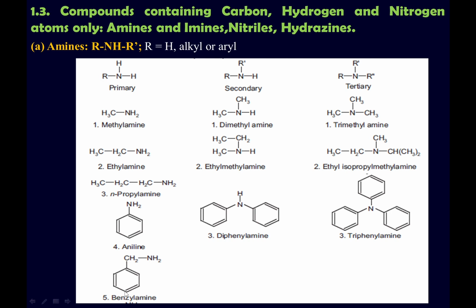If two hydrogens are replaced, they become secondary amines: dimethylamine, diphenylamine, ethylmethylamine. Tertiary means all three hydrogens are replaced, so you get a tertiary amine like trimethylamine, triphenylamine or ethyl isopropyl methylamine. If you add one more alkyl or aryl group to the tertiary amine, it becomes a quaternary ammonium salt.